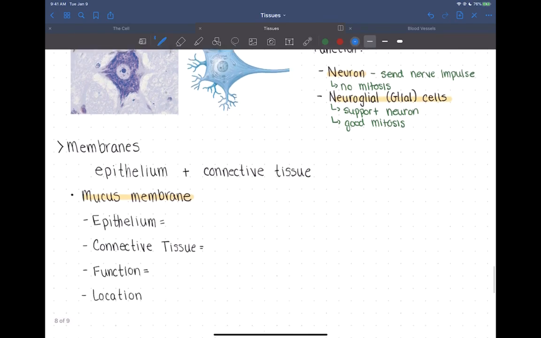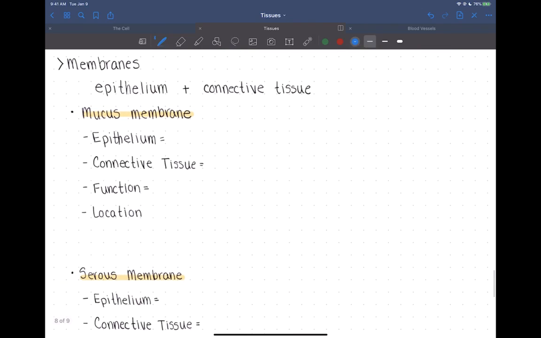The first one we're going to tackle is membranes and different types of membranes. Membranes are always going to be made from 2 things. A membrane is always some type of epithelial tissue with connective tissue underneath it.